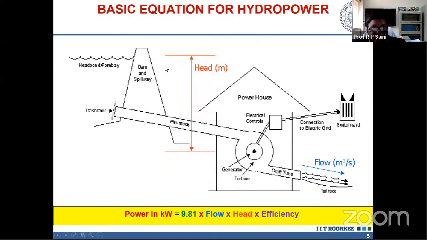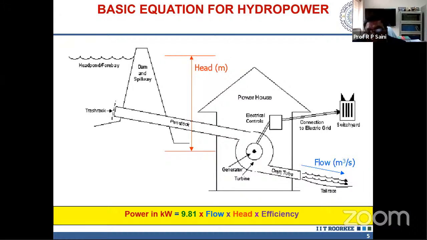So this water level is the head. We want to measure how much head, that means from which height water is coming to me, where I want to convert this into a useful form of energy. And what is the quantity? This is the discharge, the flow rate. What is the mass?